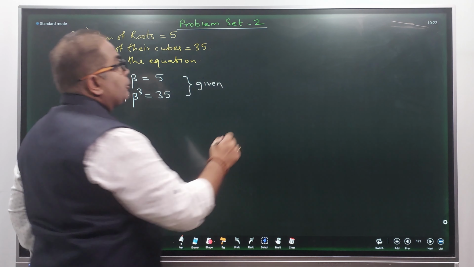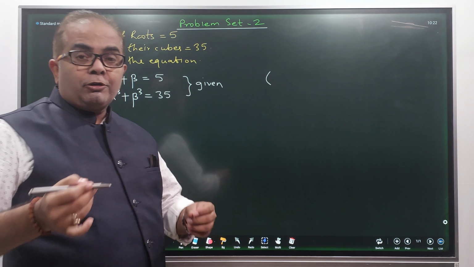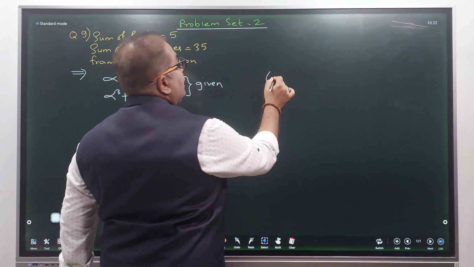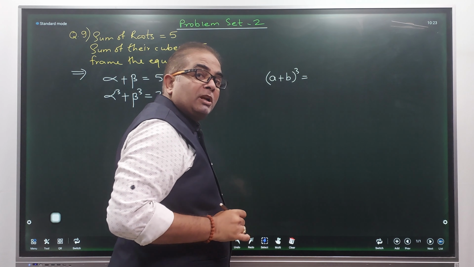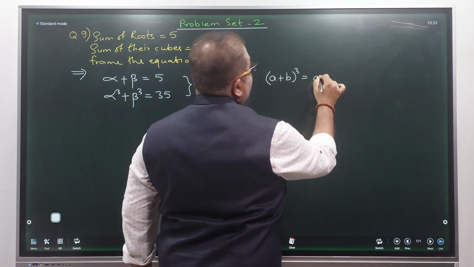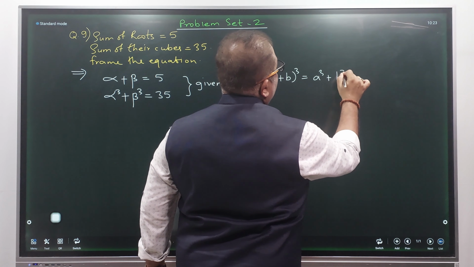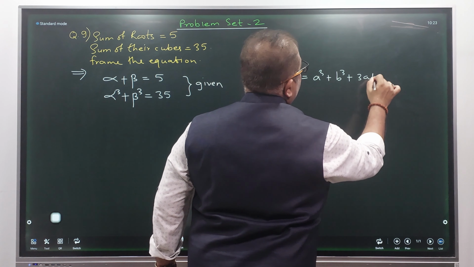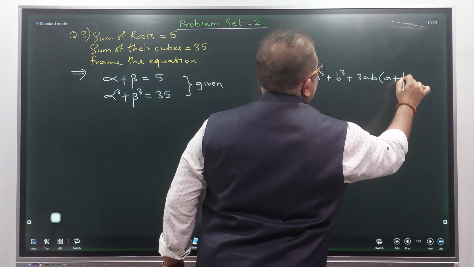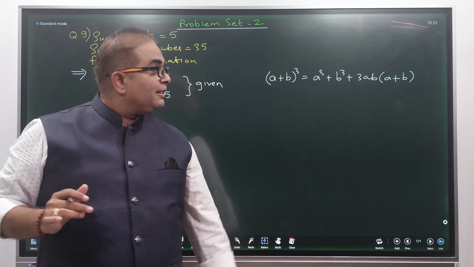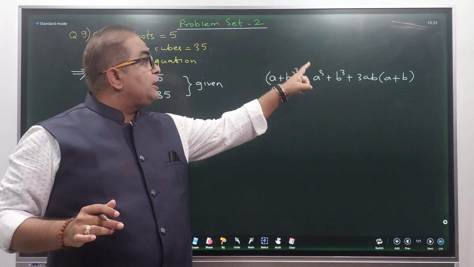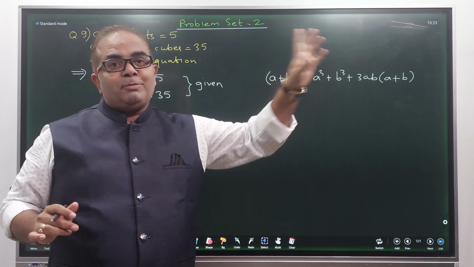Now, I am going to use one equation which I had already learned. (a plus b) whole cube is equal to, what is the formula for (a plus b) whole cube? a cube plus b cube plus 3ab(a plus b). You learned this last year, last to last year I think, right? (a plus b) cube is equal to a cube plus b cube plus 3ab(a plus b).